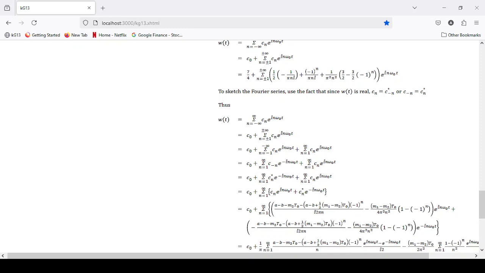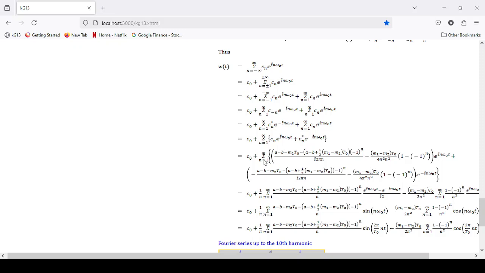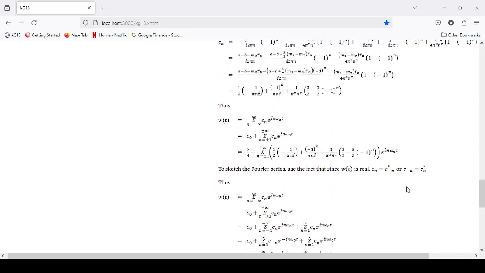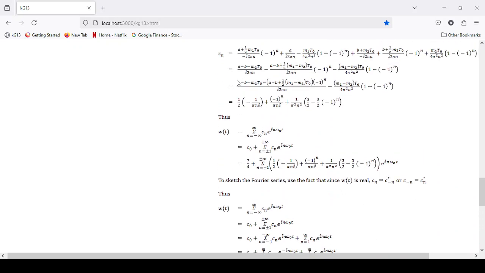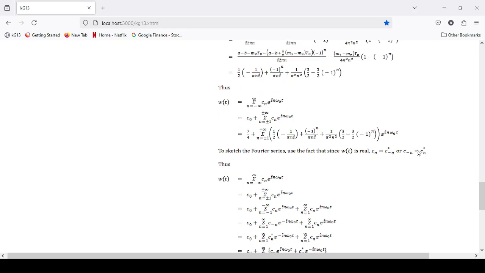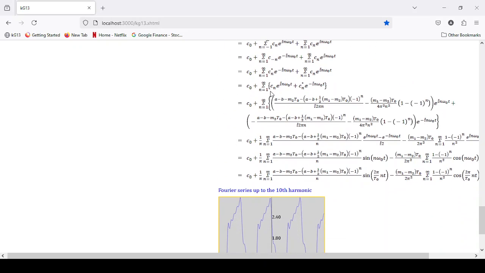So now we can substitute for Cn. There's your Cn, which we have calculated at the top. We just look at the general form of the Cn. There it is. So we put it in here. There's your Cn, then of course times e to the i omega naught t, plus Cn star.